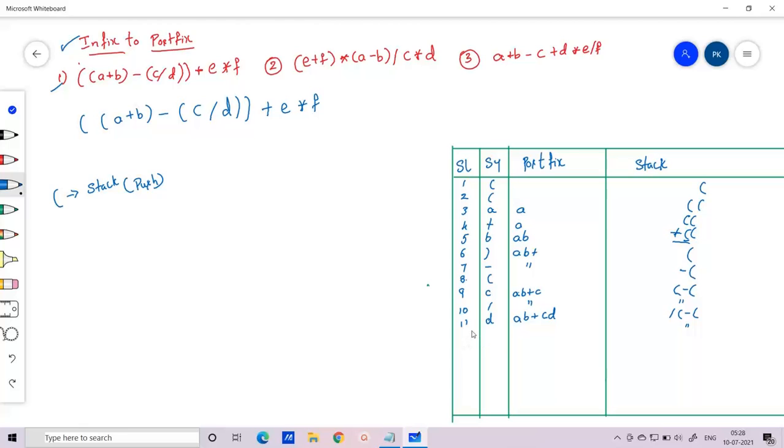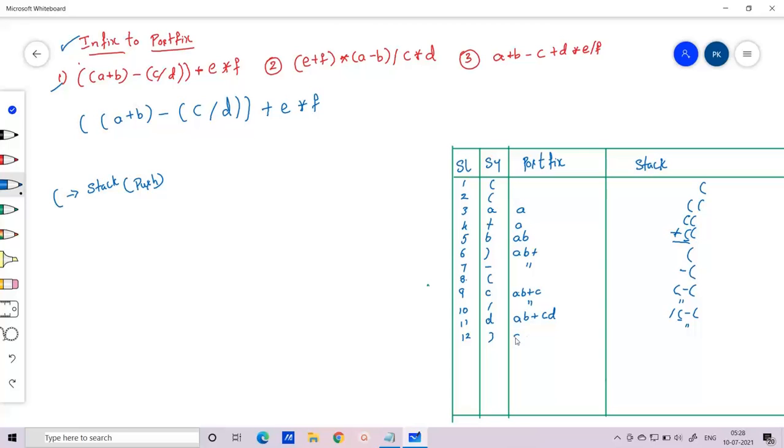And next we have a closing parenthesis, the 12th character. Once you see a closing parenthesis, what happens? Until the opening parenthesis, whatever operator you have before the first opening parenthesis, this one, before this I have a division symbol. That has to be removed and written onto the postfix expression.